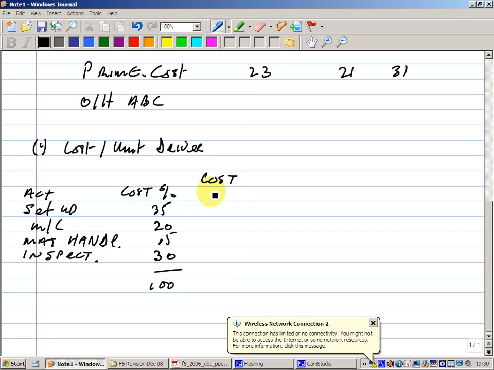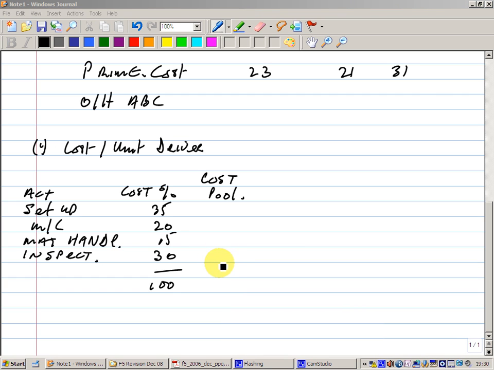The cost pools can be calculated from these percentages. The total overheads come to 654,500, and working out the percentages, all we do is 35% of that number, which is 229,075, and then we calculate the rest.